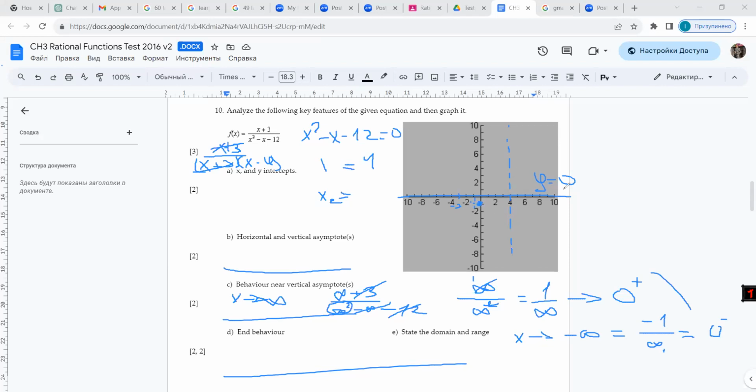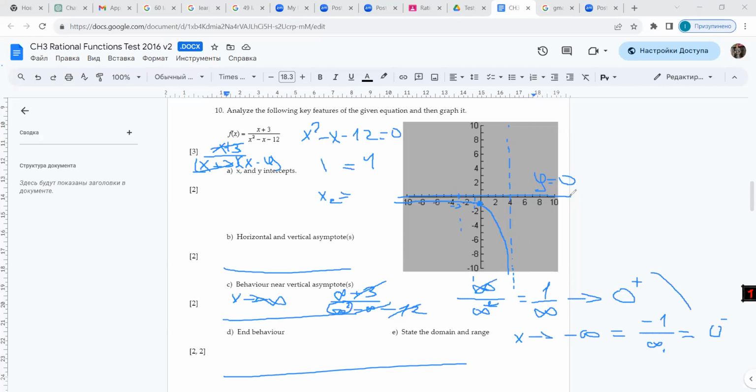So this graph, I suppose, and -3 would be dot discontinuity. So as x approaches negative infinity, we go from below of the y equals 0. We cross at -1 over 4, and then approaching this vertical asymptote, graph goes down.